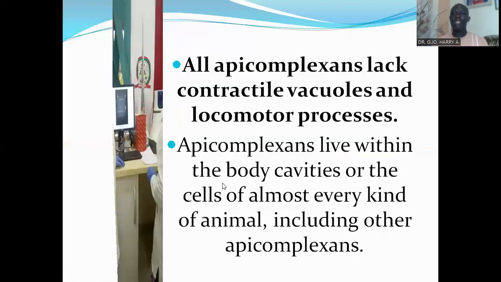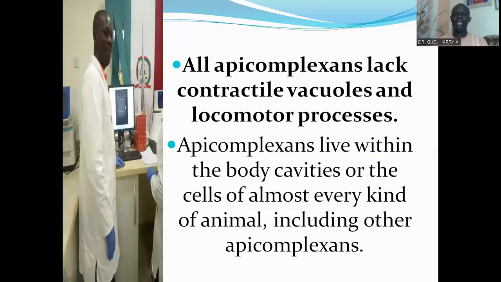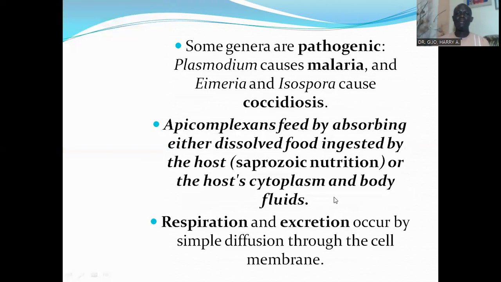All apicomplexans lack contractile vacuoles and locomotor apparatus. They live within the body cavities and cells of almost every kind of animal, including other apicomplexans.